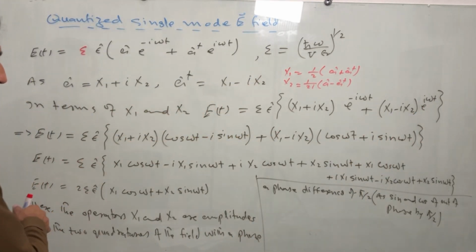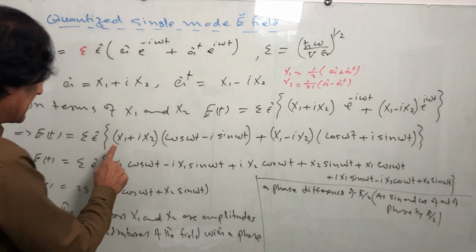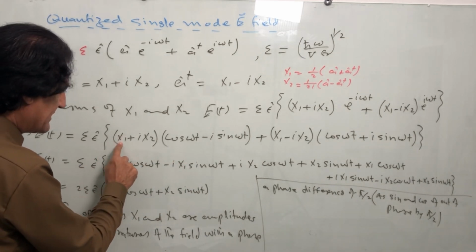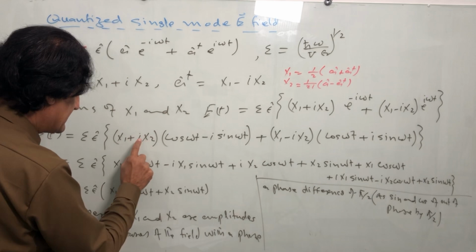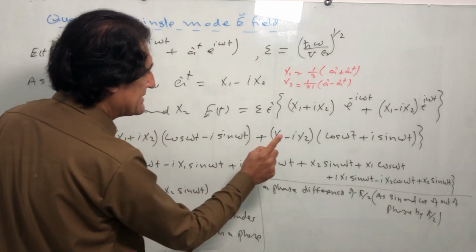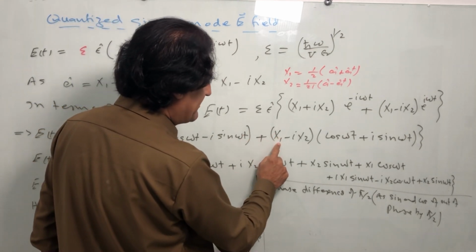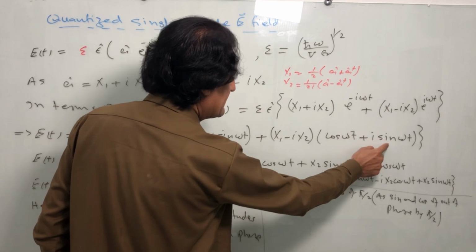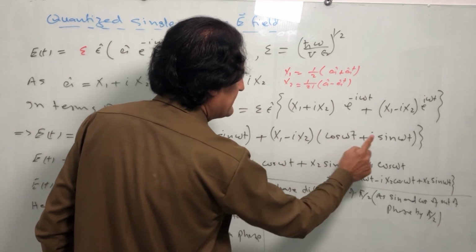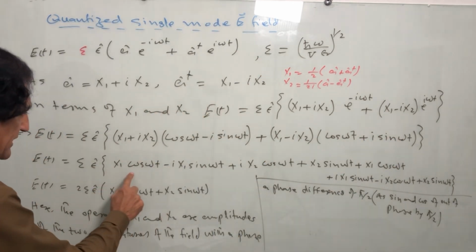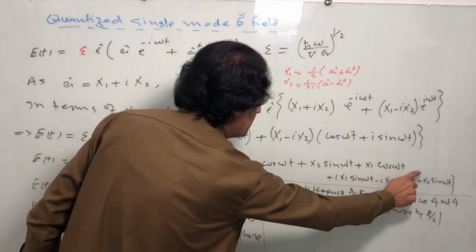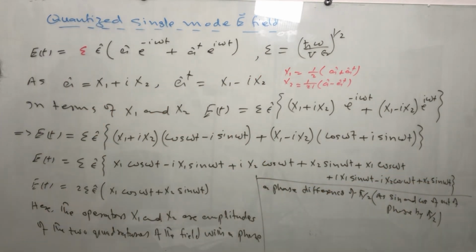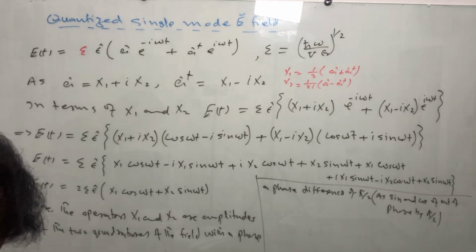After some multiplication, if we multiply this term with this term, and this with this, and similarly the others, then you can get these whole terms.